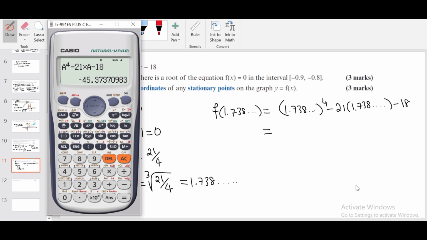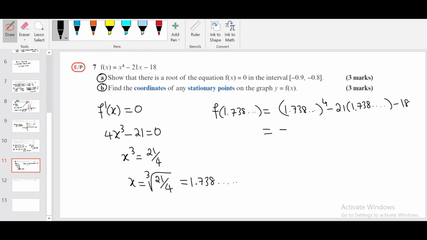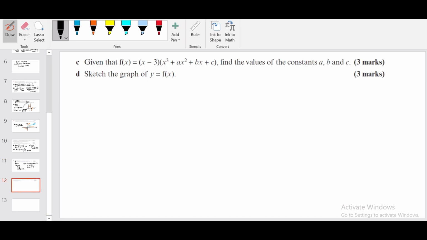So I get minus 45.373... They did not mention any level of accuracy, so I'm going to round it to 3 significant figures. Therefore the stationary point is (1.74, minus 45.4), 3 significant figures. Understand? Okay, now let's move on to part C of the question.